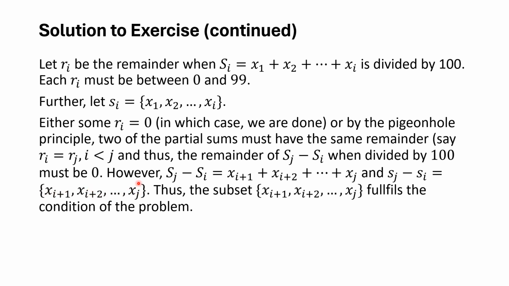But then this set here is a subset of our set A, and we've just proven that it's divisible exactly by 100. So this set here fulfills the conditions of our requirement.